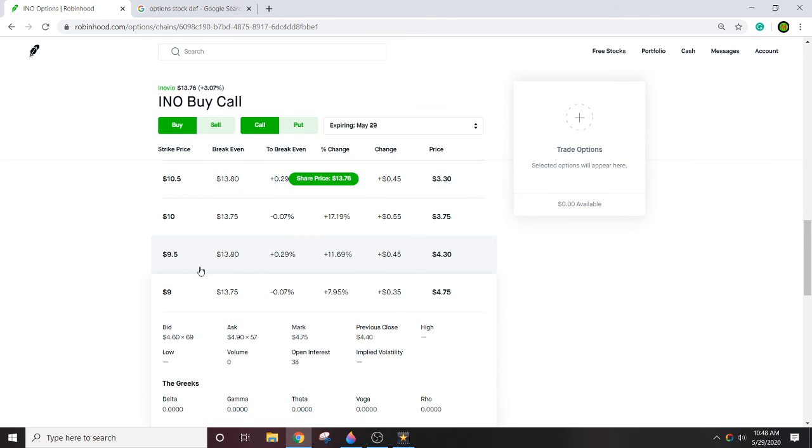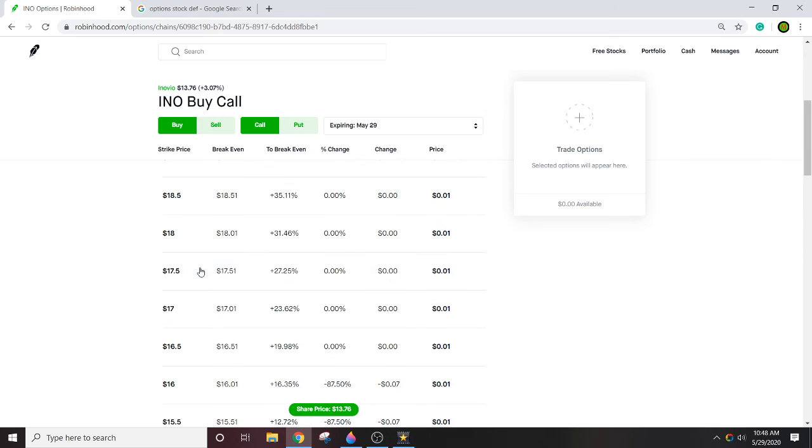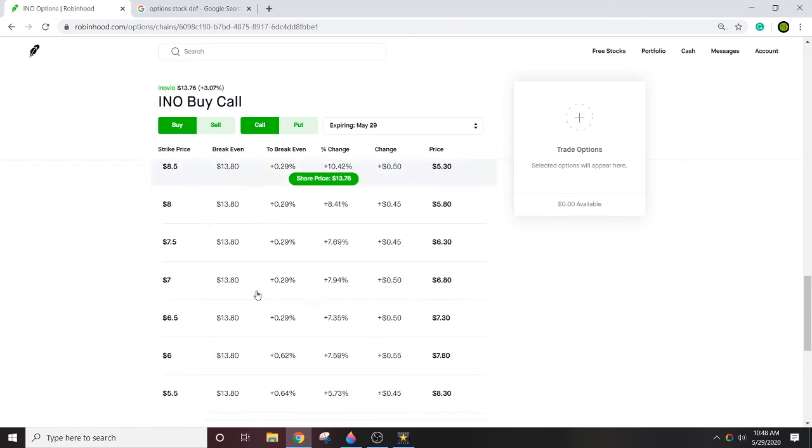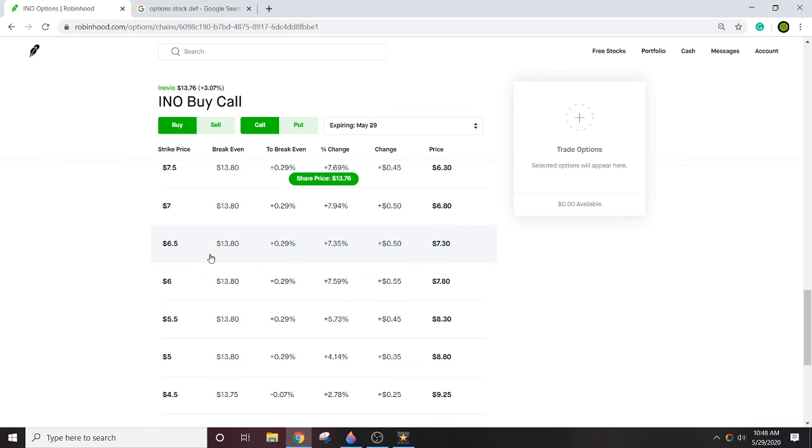If you were to buy out of the money, this would be a perfect example. Let's see. If we buy this, $13.80 for $7.30 for each share, you would be out of the money because it's at $13.76. So you start off losing money.